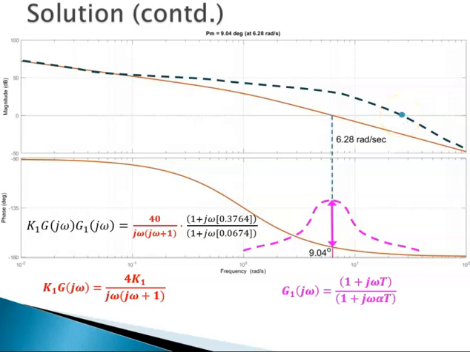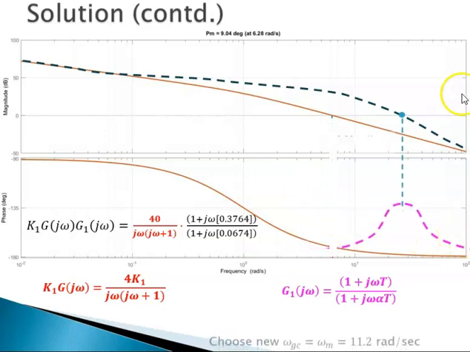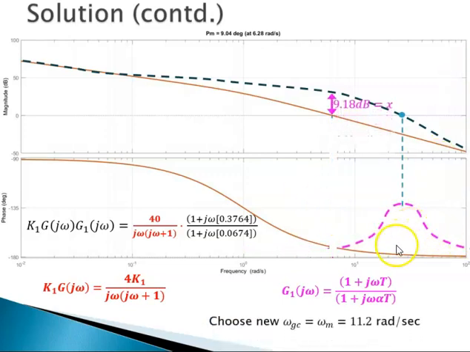So that gives us an idea that we need to make an adjustment. We should not have the phase lead provided here at 6.28, but we need to have the phase lead provided here, at 11.2. We choose this 11.2 because you see this additional x.